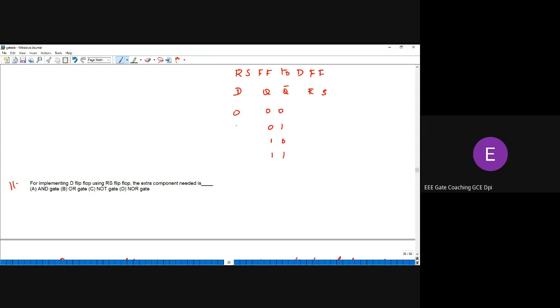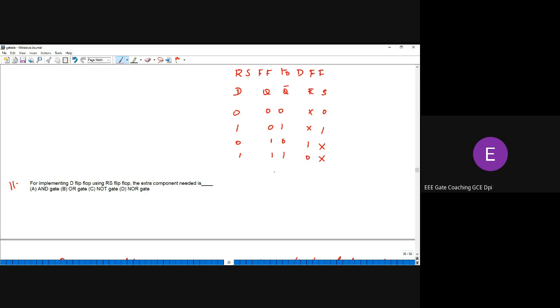D value 0 1 0 1. So in the flip-flop, S is nothing but 0 0 1 X X. So formula, okay, X X 1 0. It's your formula.